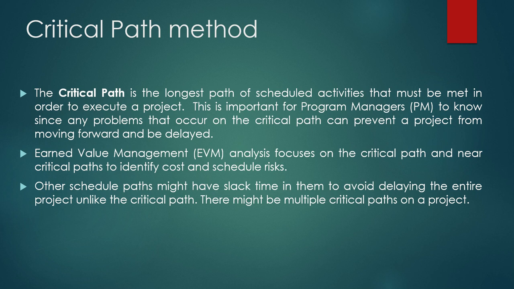Earned value management analysis focuses on the critical path and near critical paths to identify cost and schedule risk. We'll understand earned value management later when we do the practical question. For now, just understand that the critical path is the longest path in the network, right?